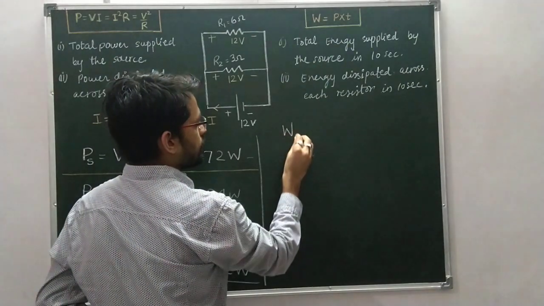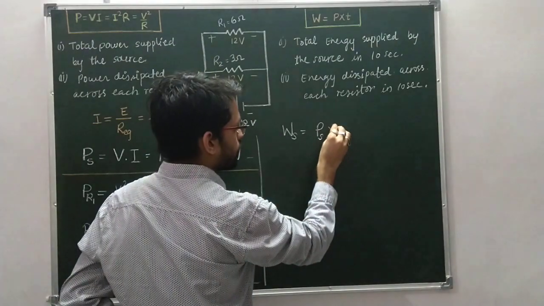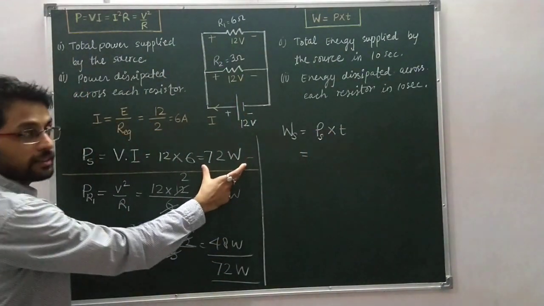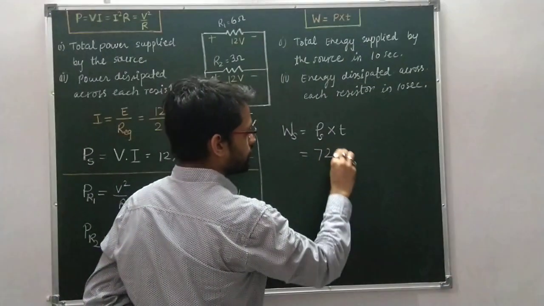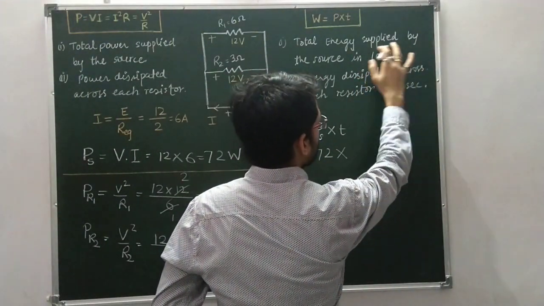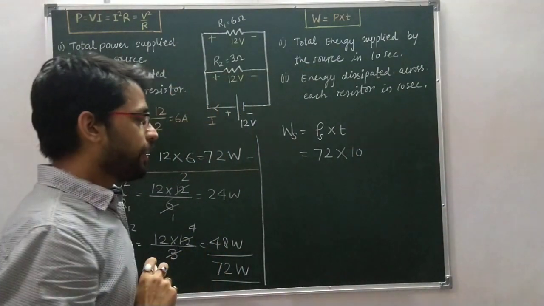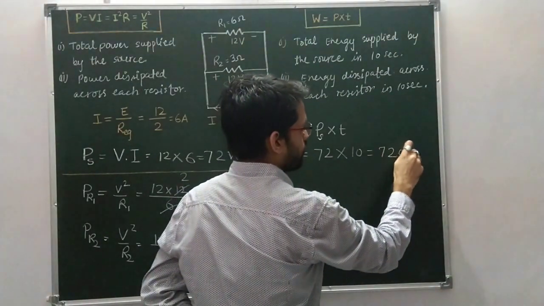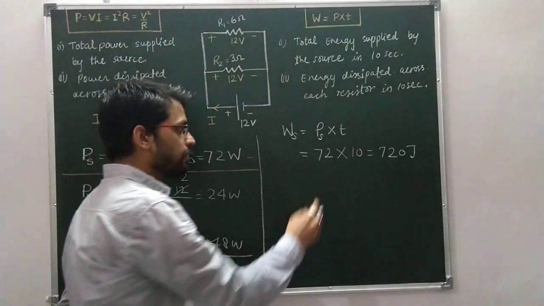The total energy supplied is equal to the total power supplied multiplied by time. What is the total power supplied? This is the total power supplied, 72 watt. And I am going to calculate the energy for 10 seconds. So energy supplied for 10 seconds is equal to 720 joule. 720 joule energy is supplied.